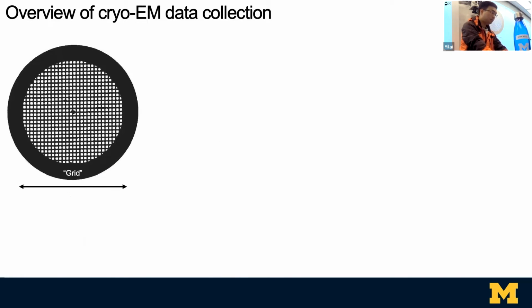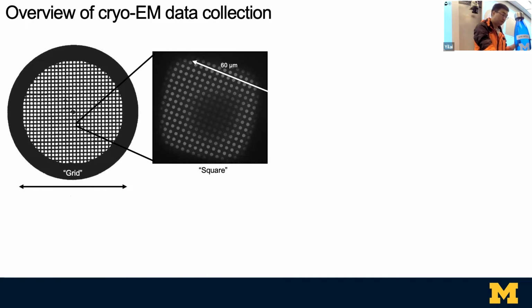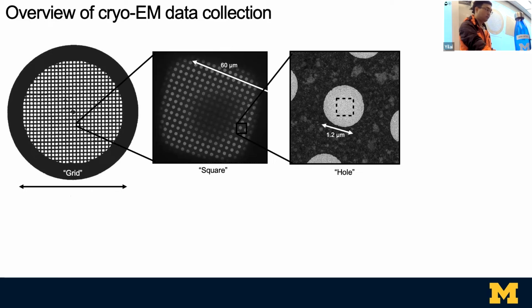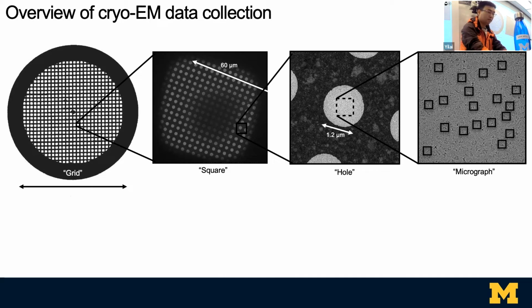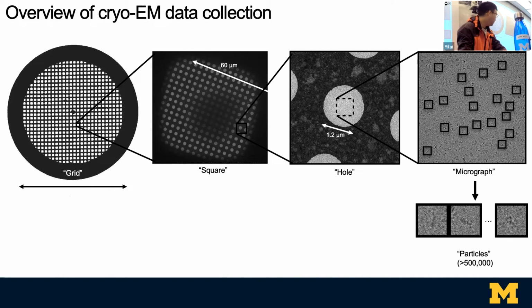So you start from a grid, your sample is on the grid, then you have a lattice of squares, and then you have a lattice of holes inside each square, and you collect one or more micrographs inside each hole. This is a simplified pipeline: you pick particles from your micrographs, and with a few thousand micrographs per data set you end up with a number of particles.